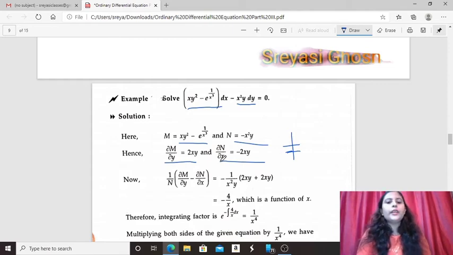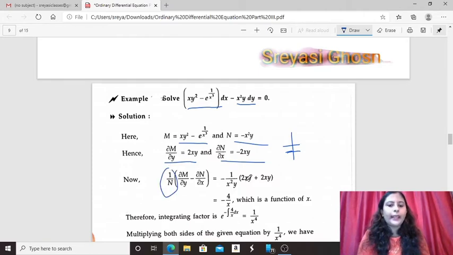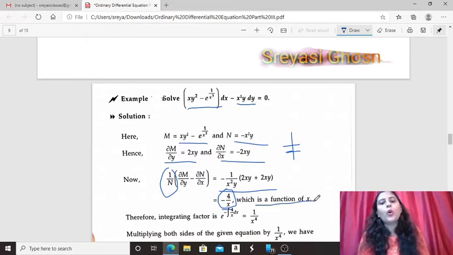Now over here, calculating (∂M/∂y − ∂N/∂x) into 1/N, we get something of this form which can be simplified, and we get minus 4/x, which is wholly a function of only x.